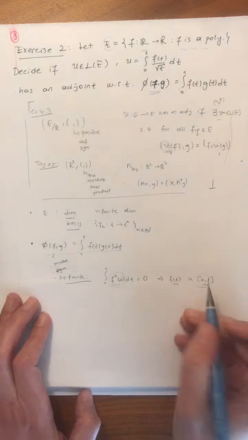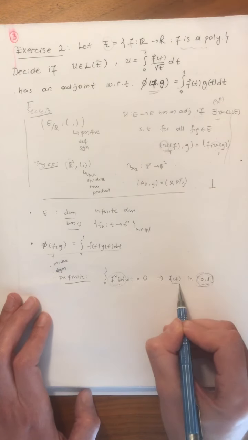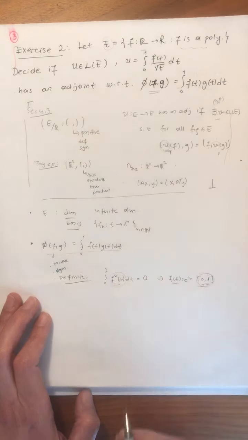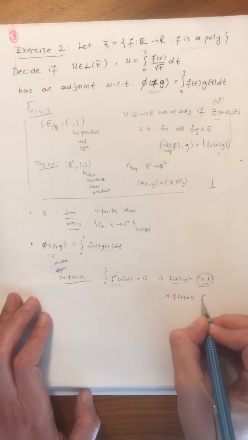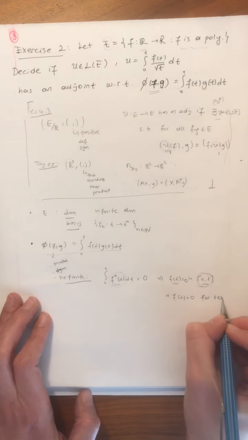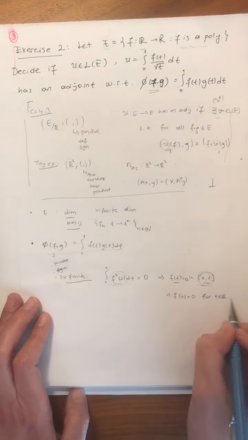So that means it vanishes at infinitely many real numbers. So that means it is identically 0 for all t in R. So this gives us that this form is definite.